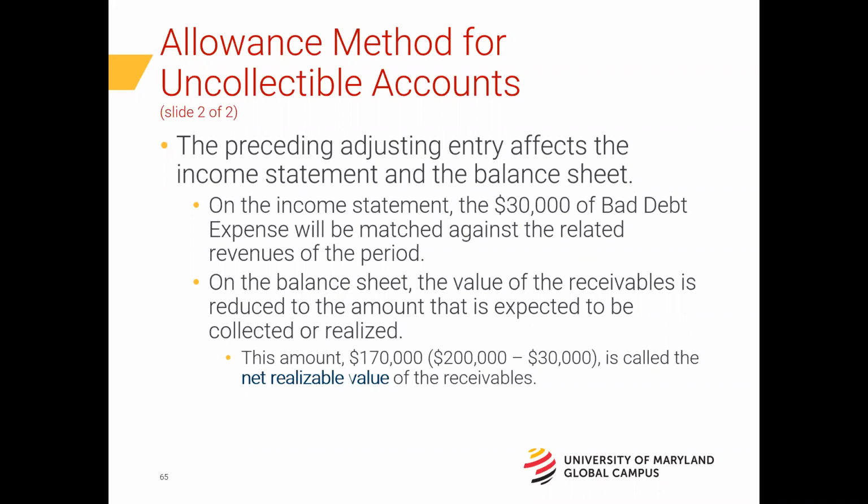And that is going to have an effect on the value of the company and of the assets overall. So we call this net realizable value. To find net realizable value, you take your accounts receivable minus your allowance for doubtful accounts. And that will give you the net realizable value. In this case, it's 170,000 net realizable value.